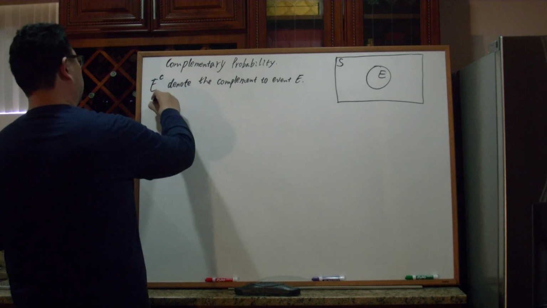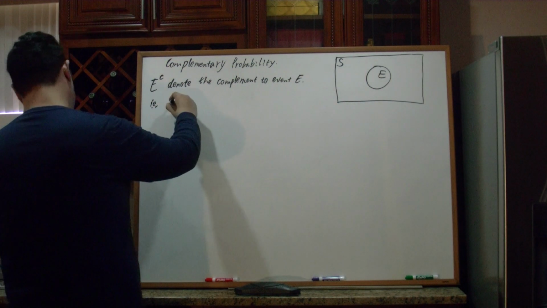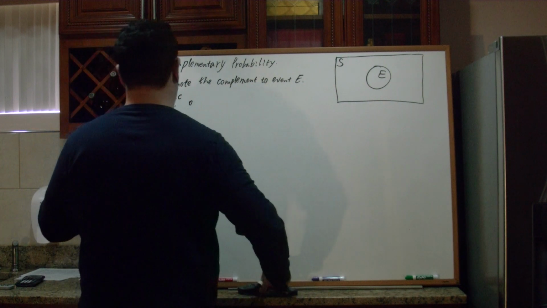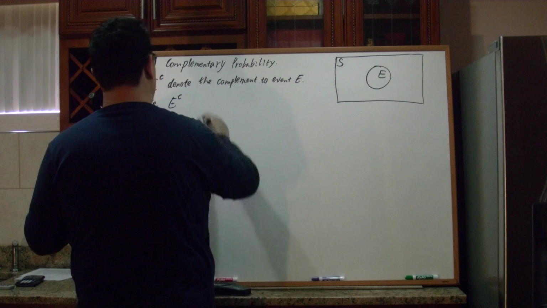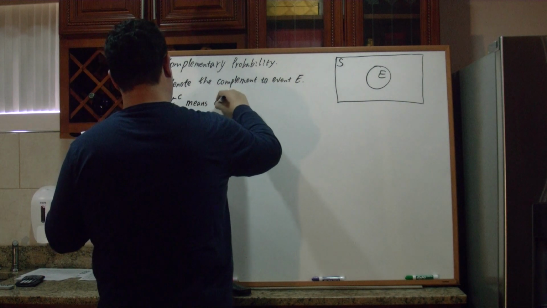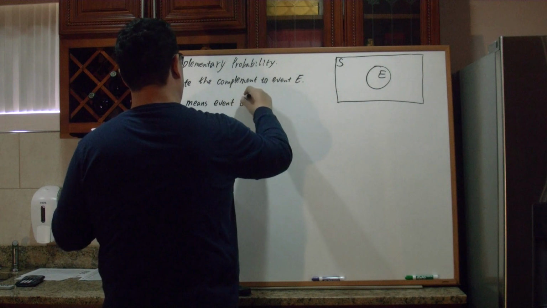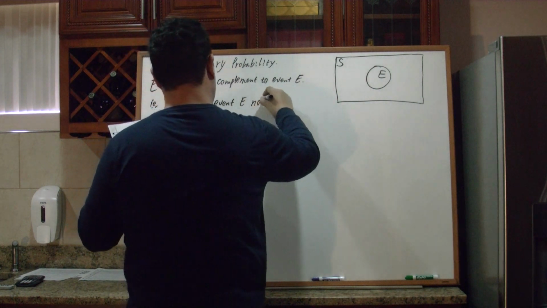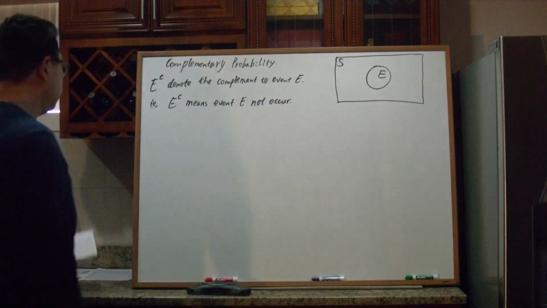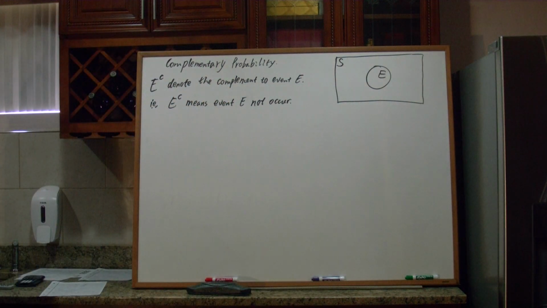So in other words, E complement occurs means the event E does not occur. Why do we have complement, right?